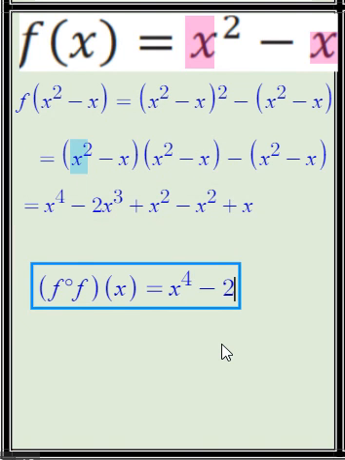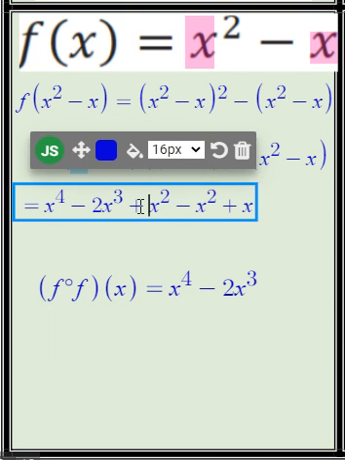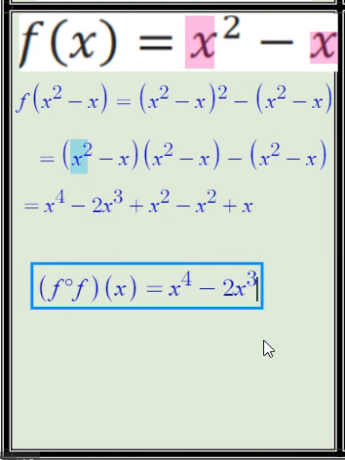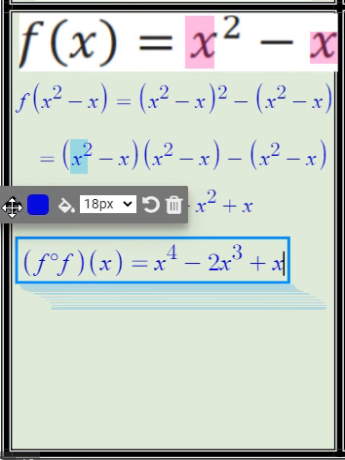So minus 2x to the third, there's nothing to combine with that. But then we have a positive x squared and a negative x squared. They actually cancel, and we just end up with a plus x. And that's our final answer for question 3.